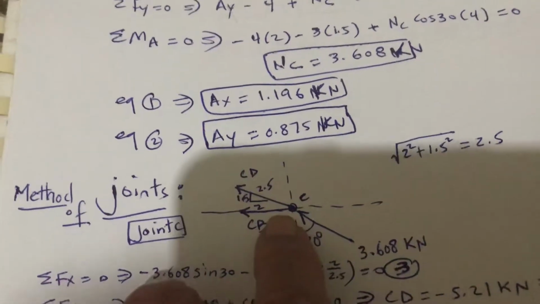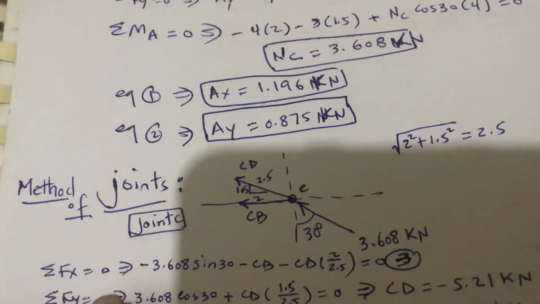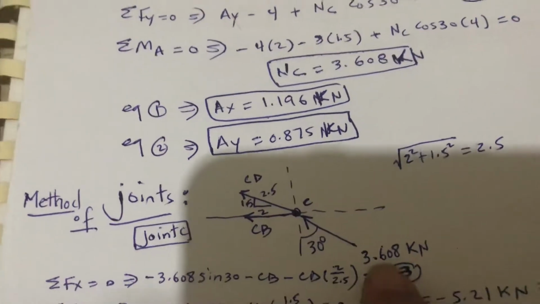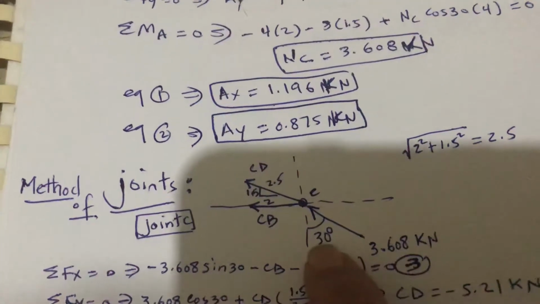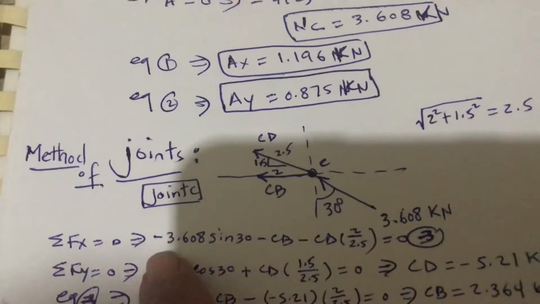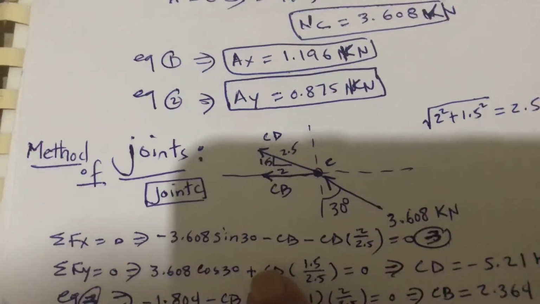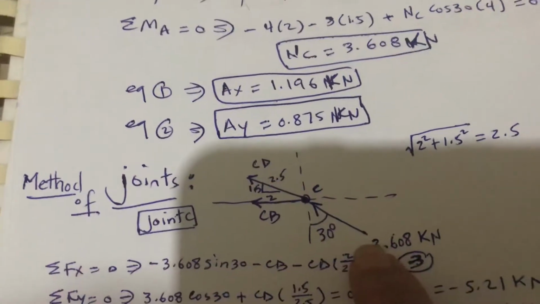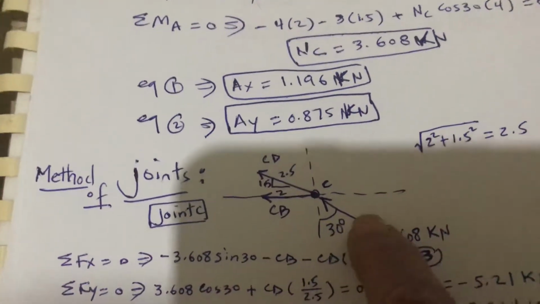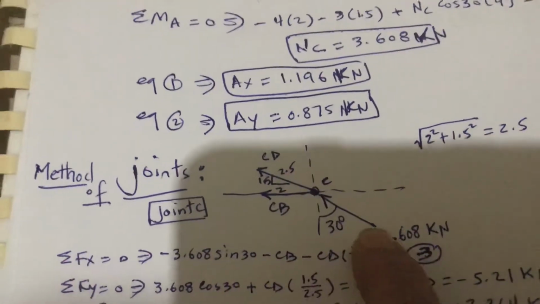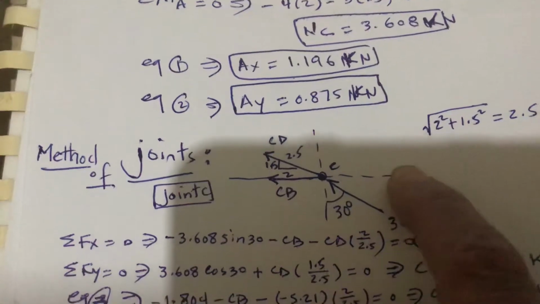So let's do summation of forces in the X equal to 0. Here, 3.608 cosine 30 in the minus. This is cosine 30 in the Y, so 3.608 sine 30 in the negative.